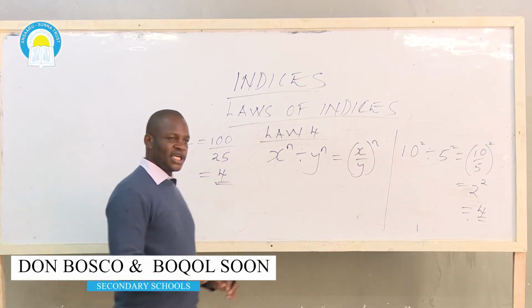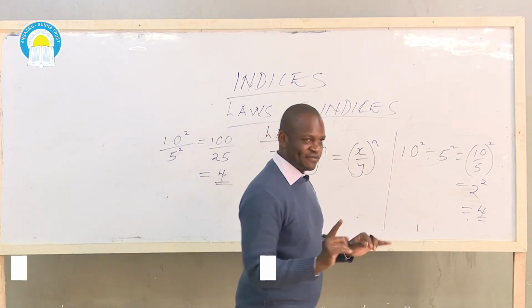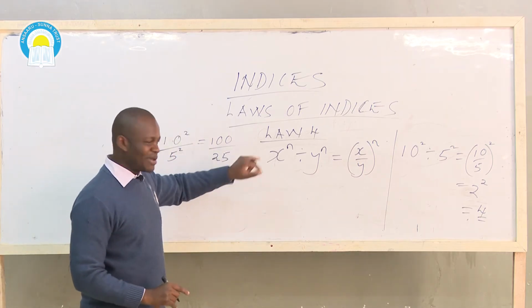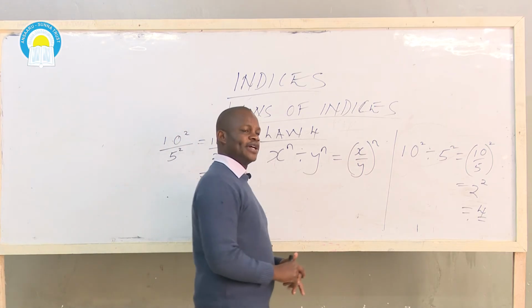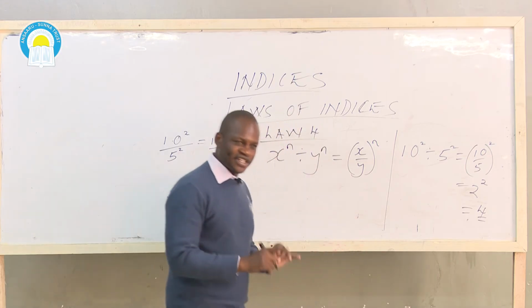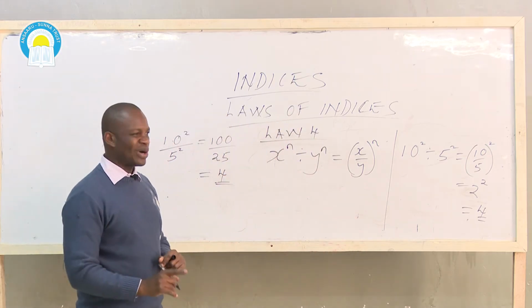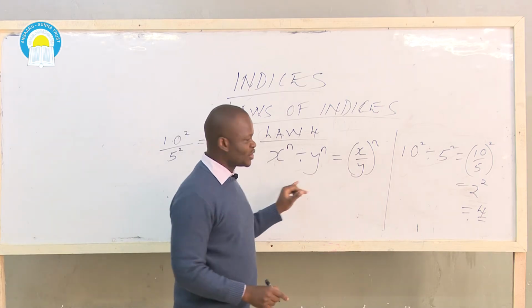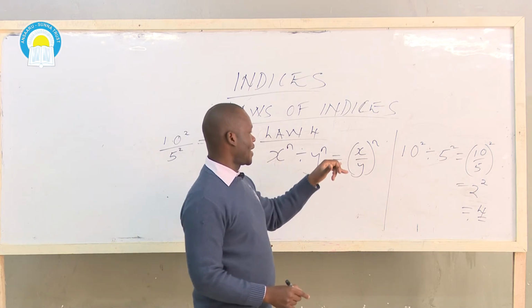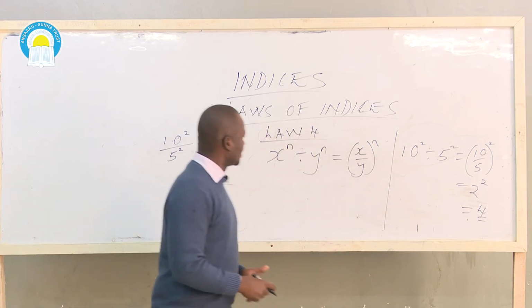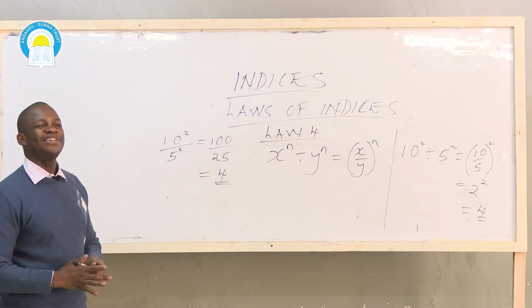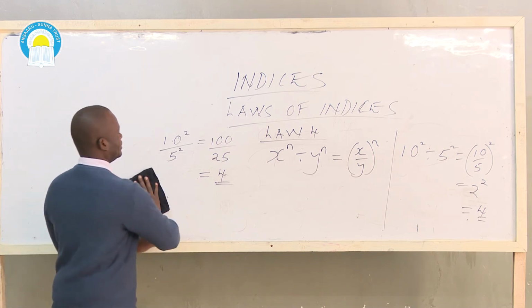Number 2, the law of division having the same bases. Number 3, the law of multiplication having the same powers. And now we're looking at the law of division having the same power. Now let me do justice to this law by giving Quiz number 4.